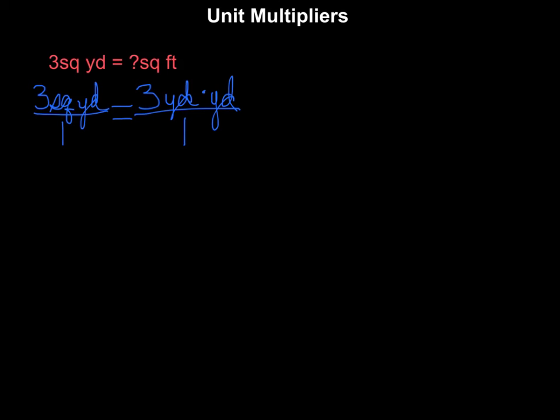Now, moving forward, I need to change these yards and these yards into feet. So I know that 1 yard is 3 feet. So I can use that as a unit multiplier. And since we have yards on top, I'm going to want yards on bottom.